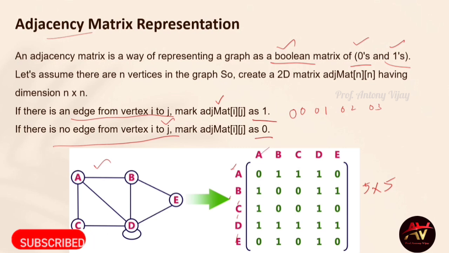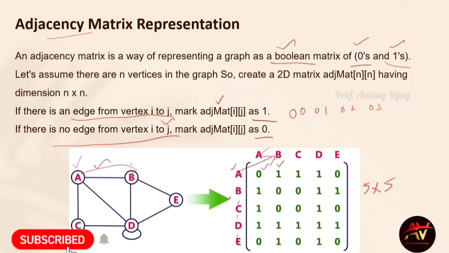As I told already, if there is a self loop between A to A, we have to assume 1. But A does not have any self loop, so A to A is 0. And A to B: is there any link between A to B? Yes, there is a link, so we have to assume 1. I told you already, if it is 1, there is a link.